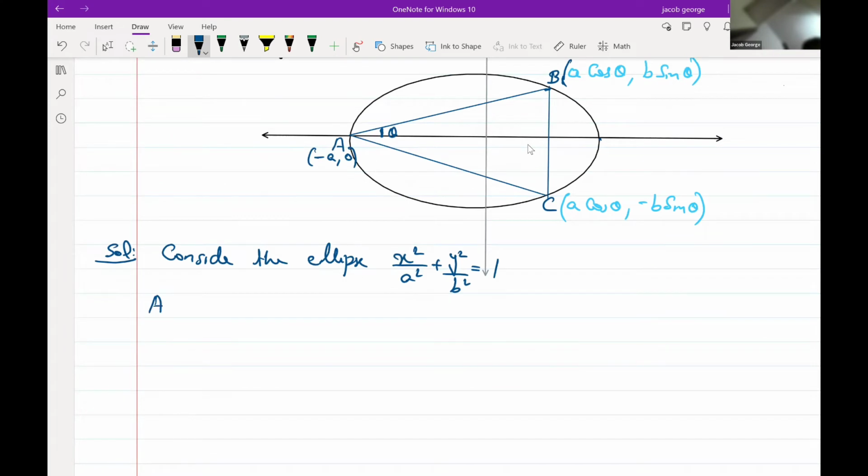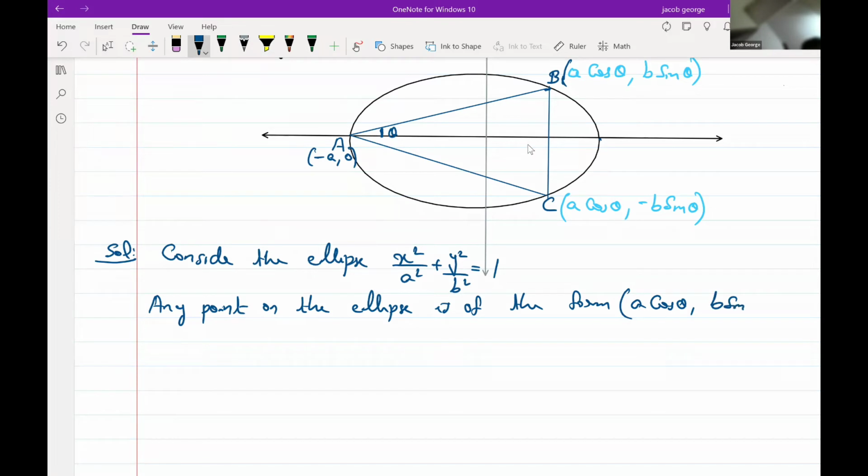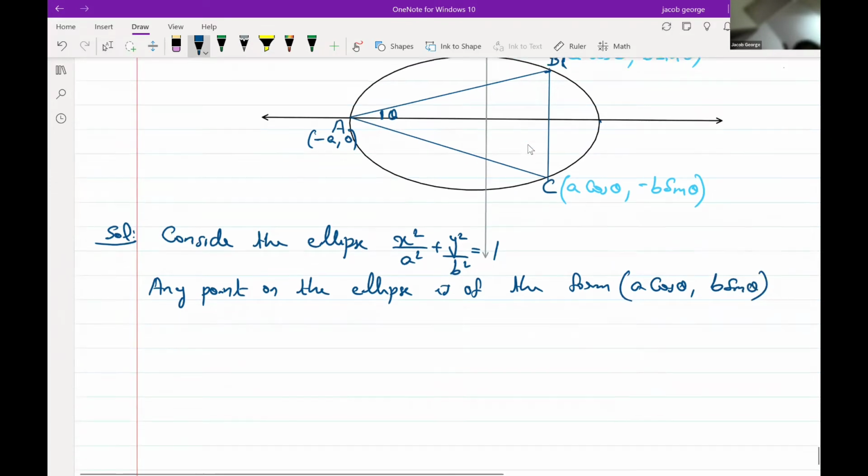Then any point on the ellipse is of the form a cos theta, comma b sin theta.